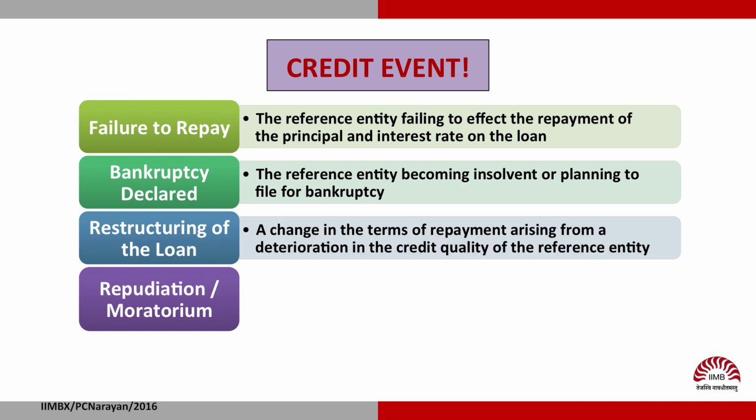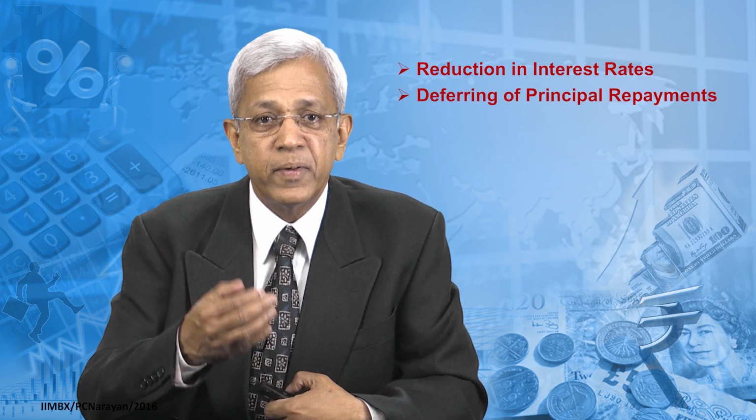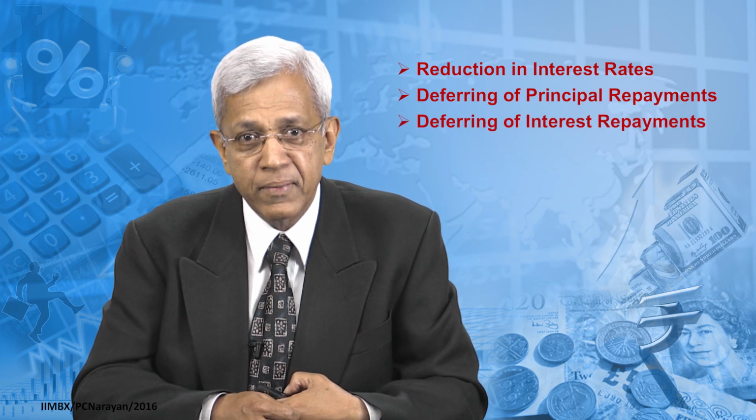Restructuring, on the other hand, refers to a change in the terms of repayment arising from a deterioration in the credit quality of the reference entity that leaves the lenders, that is the protection buyers, materially worse off, such as reduction in interest rates, deferring of principal repayment, interest repayment, etc. Typically, banks restructure loans when they encounter this problem.